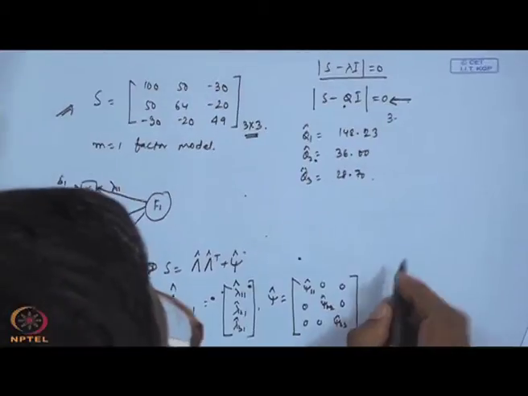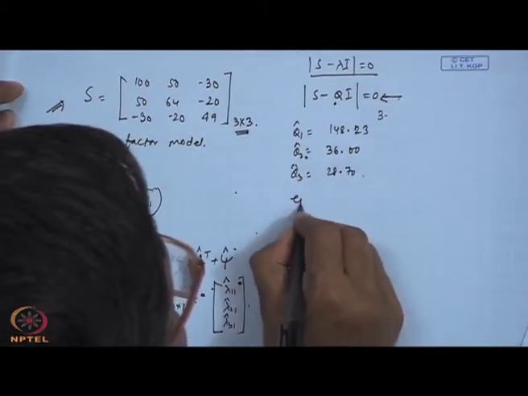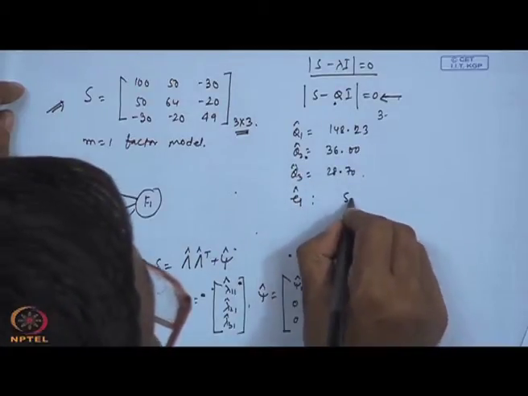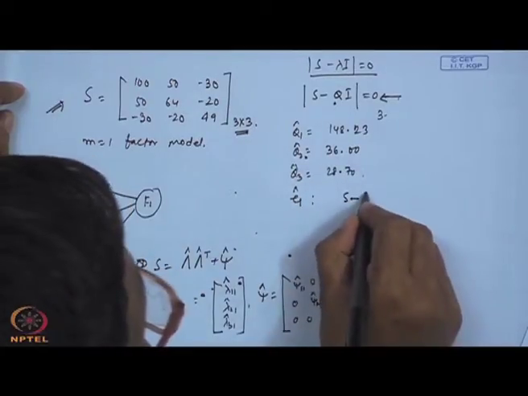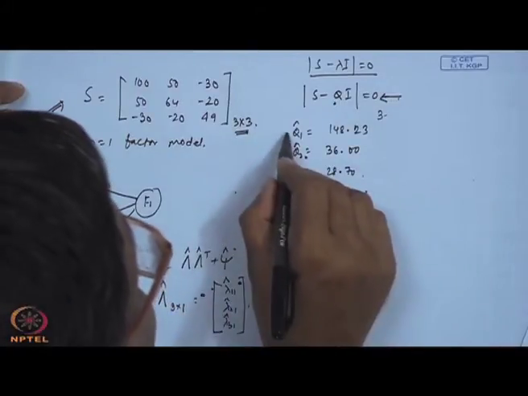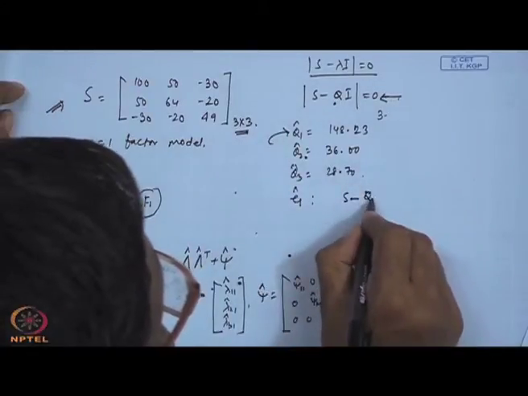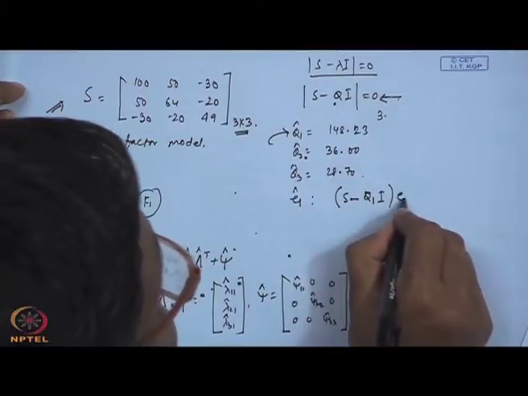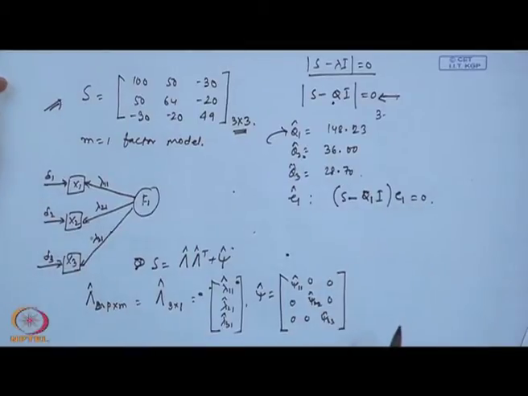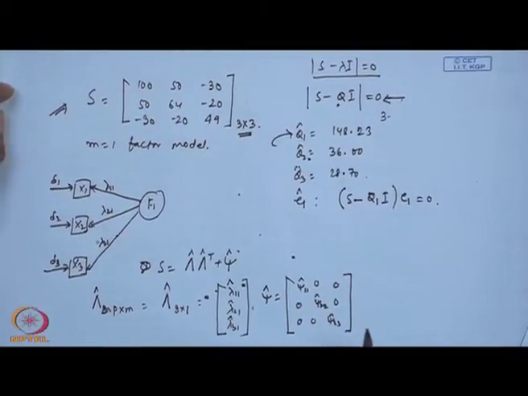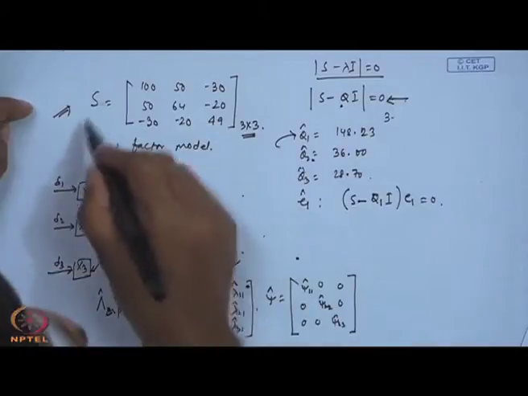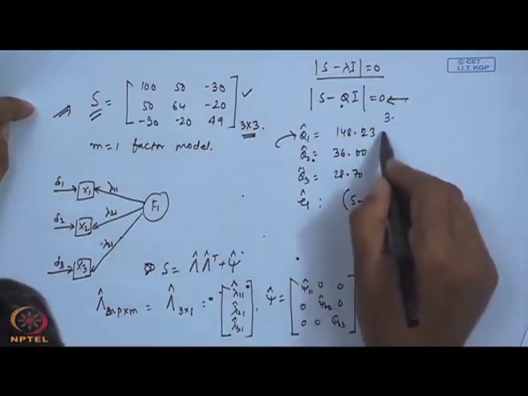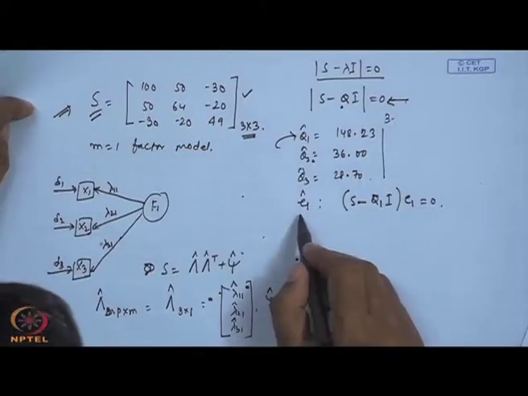Now if you want to know E1 cap, you require to put Q1 into this equation and make it equal to 0. So our first step is S is given. Second step is find the eigenvalues, then find the eigenvectors.